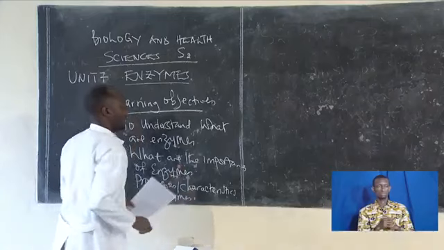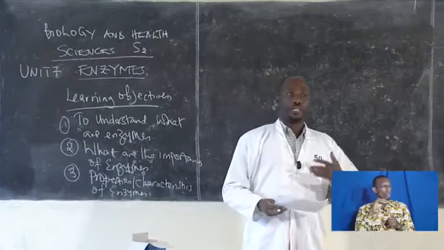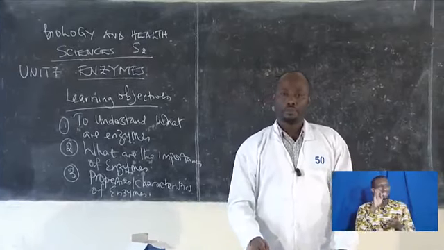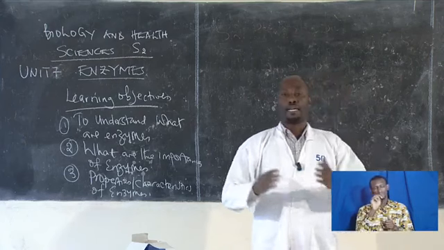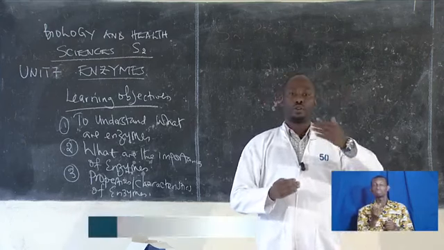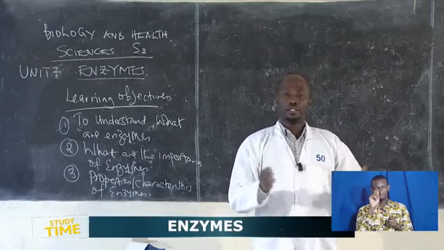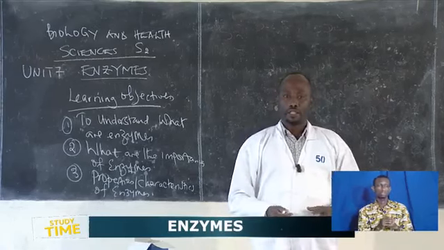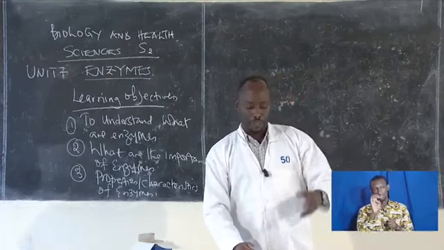Okay, then let's start the lesson. What are enzymes, students? What do you understand by enzymes? I said that enzymes are related to detergents, because once you apply a detergent to clothes that have a stain, the stain is removed by the detergent. So it means that enzymes are also able to speed up the reaction.